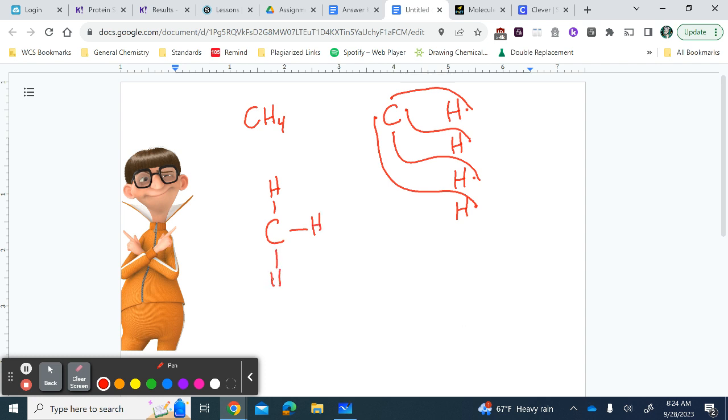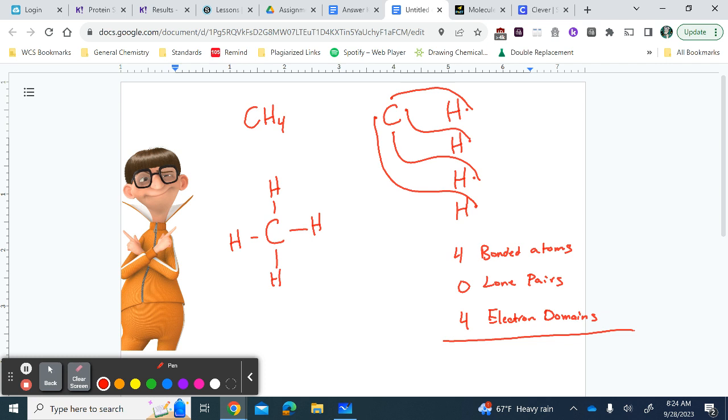As such, we have 4 bonded atoms. We have 0 lone pairs. So we have a total of 4 electron domains. When we have 4 bonded atoms, 0 lone pairs, and 4 electron domains, we have a tetrahedral molecule.